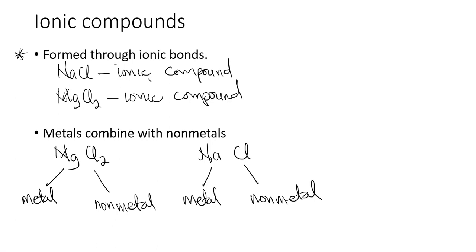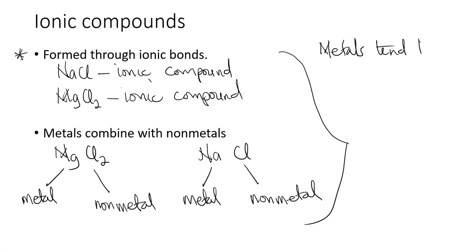And there is a reason why metals and non-metals form ionic compounds. The reason is metals tend to lose electrons.